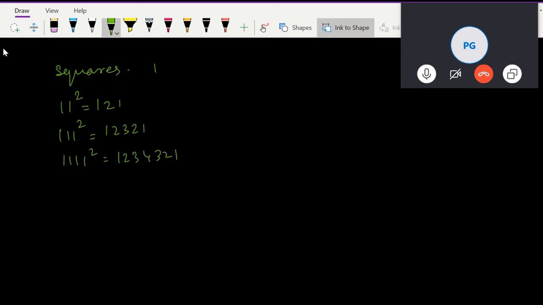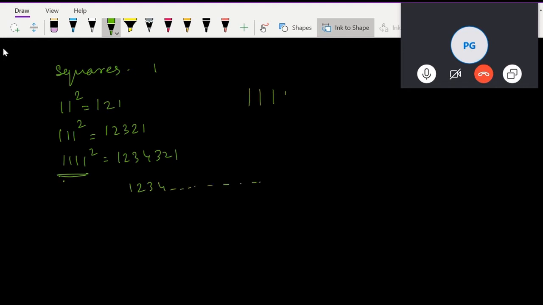So this is called the Pythagorean triangle. What we do is we see how many ones are there, and we just write 1, 2, 3, 4 up to the number of ones, and then in the reverse order.